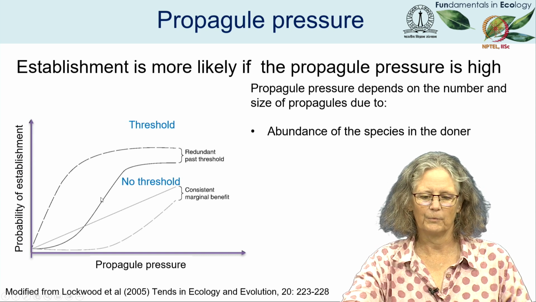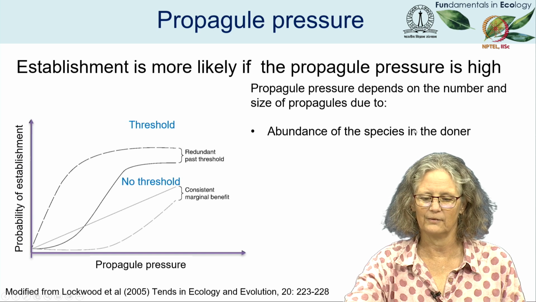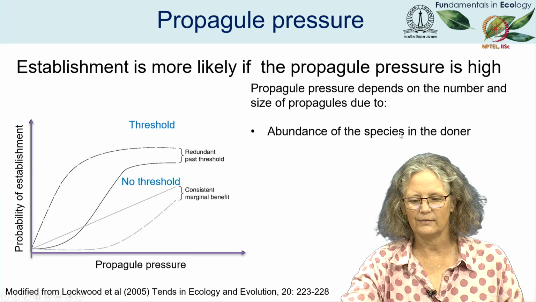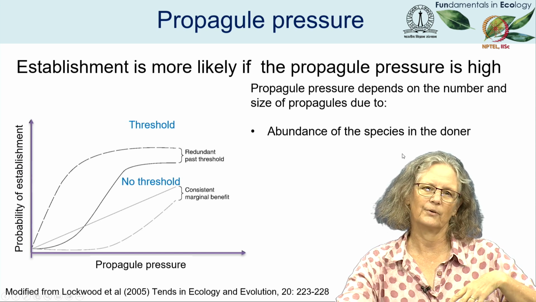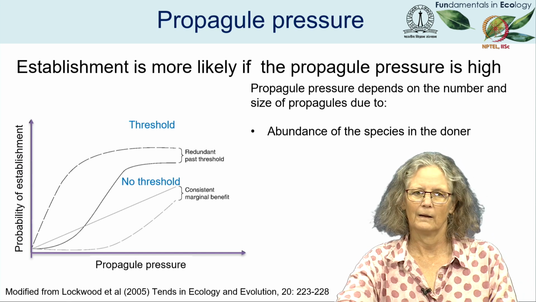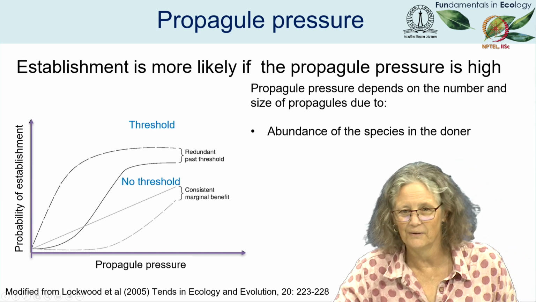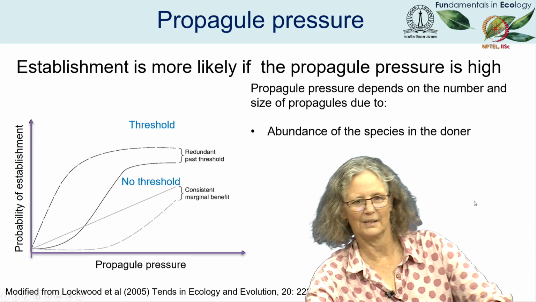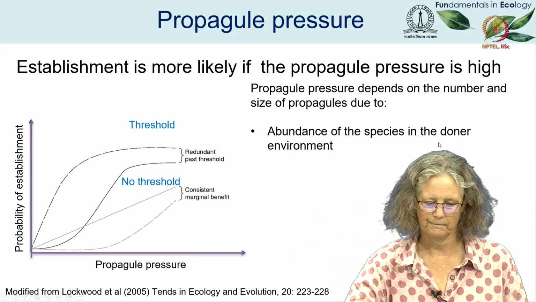Okay, so the propagule pressure itself depends on various things. One of the things it depends on is the abundance of the species in the donor location. If something is extremely common where it originates from, then it will have high propagule pressure. But if it's a rare thing, it may come very infrequently, simply because of the abundance at its origin.